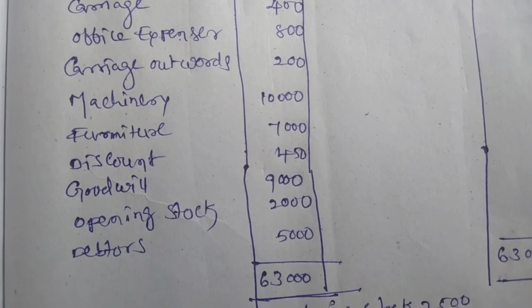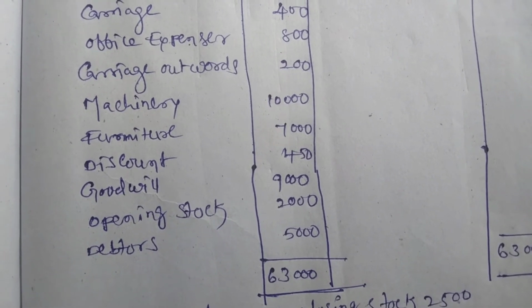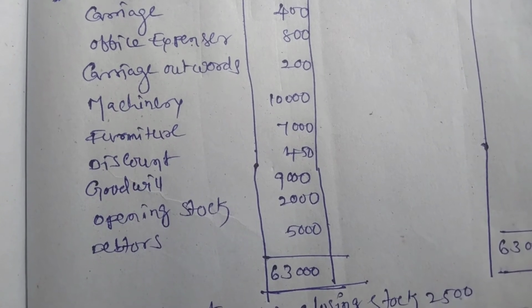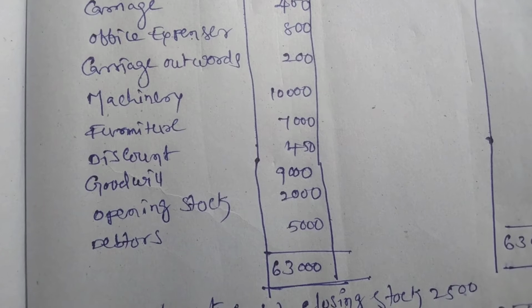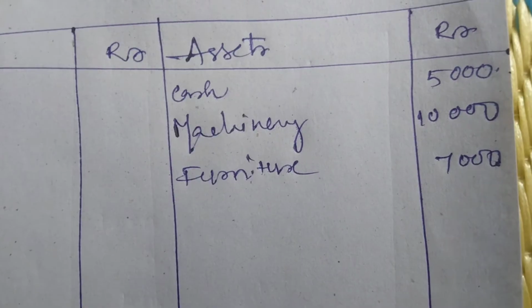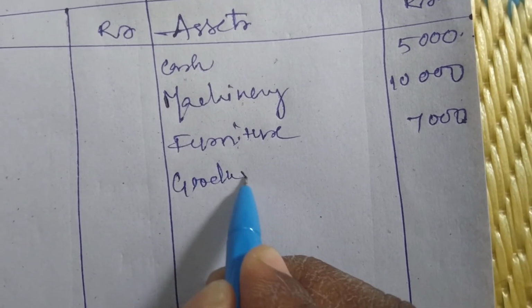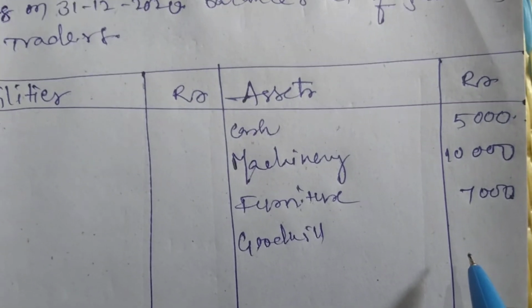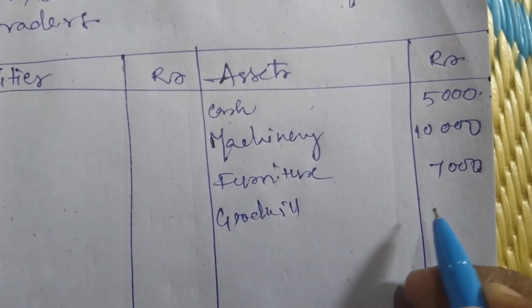Next one is goodwill, 9,000. Goodwill is an invisible asset, so it is recorded on the asset side, the right side of the balance sheet, 9,000.